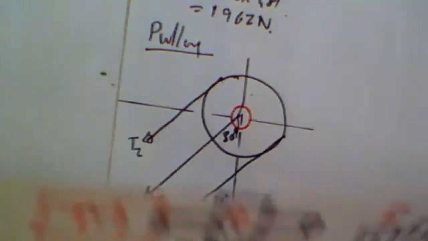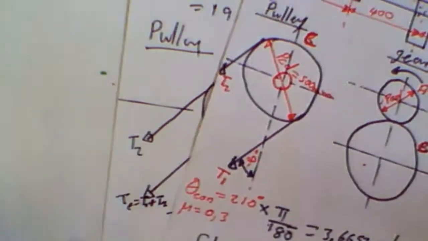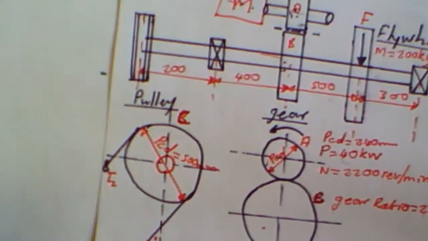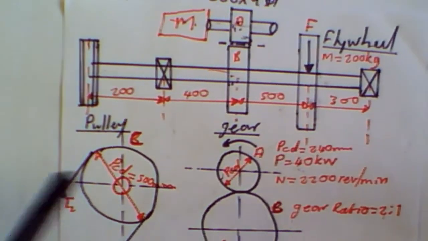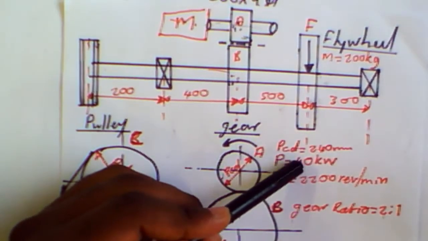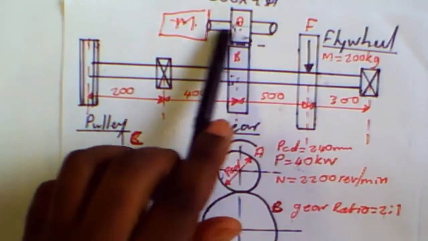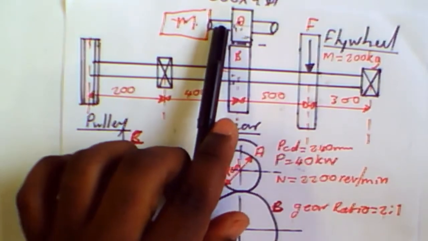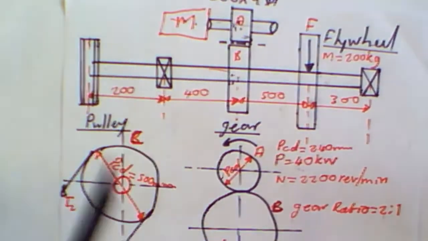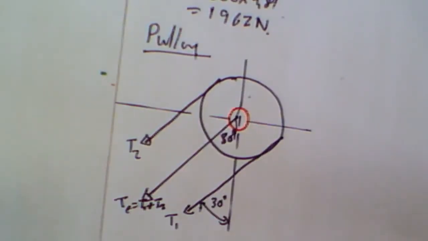How do I find those tensions? Remember that we were given the power from the motor, which was 40 kilowatts. But that is the power here at A. What I need to do is calculate the torque on my shaft.